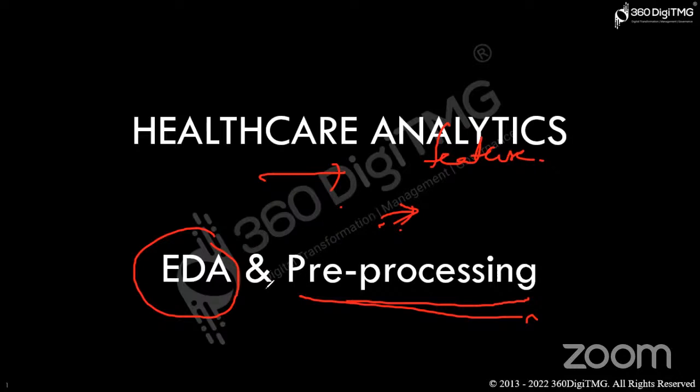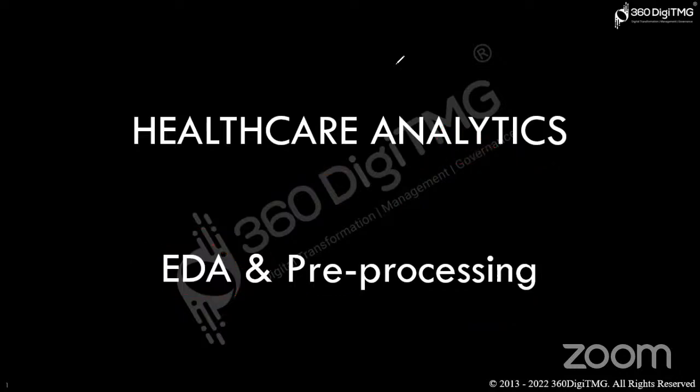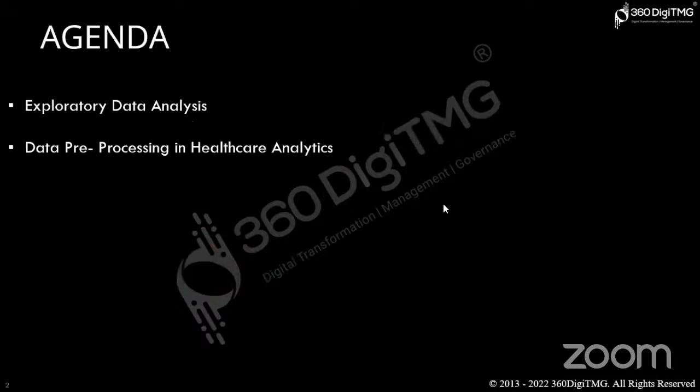That is why it is called exploratory data analysis. We have to explore the whole data and come up with some inferences. How are you going to do that? We'll see. So EDA means exploratory data analysis.